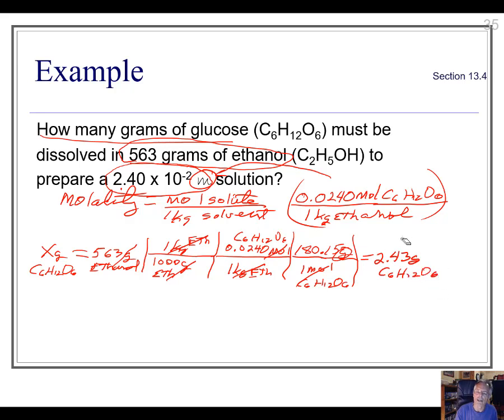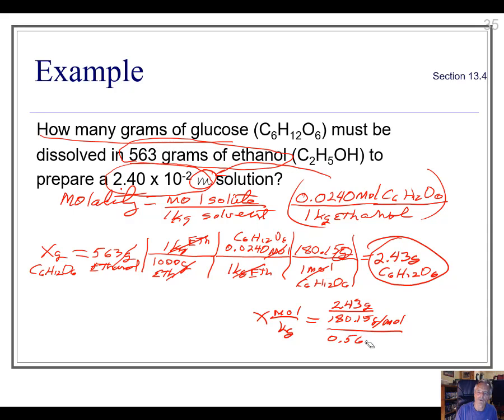You can check that very easily by simply going back and computing the concentration, and you've got everything that you need to do it. You've got your 2.43 grams of glucose. You can divide by the molar mass of glucose, which is in grams per mole, and then you can divide by your kilograms of solvent. If we divide 563 grams of ethanol by 1,000, we get 0.563 kilograms of ethanol.